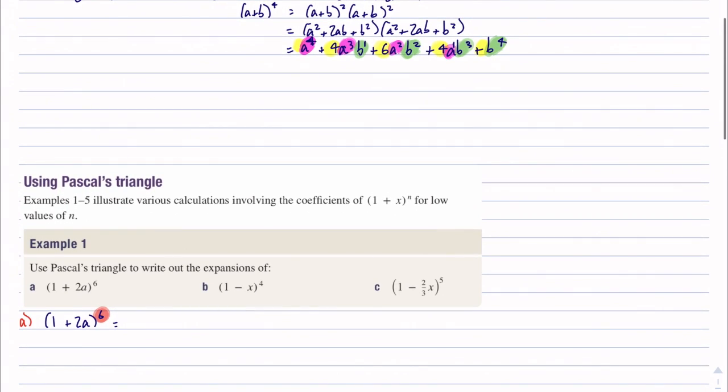So my coefficients are 1, 6, 15, 20, 20, 15, 6, and 1. Then we're going to multiply them all afterwards. And we're going to be adding each of these terms together.